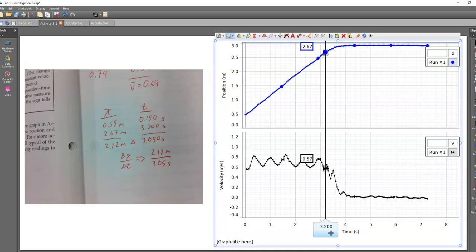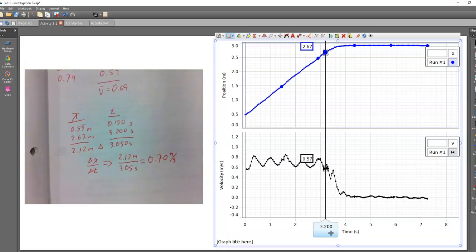So what's that number? 0.70 meters per second. Again, do the math yourself. I gave you the numbers. You should be able to do the math to confirm that.